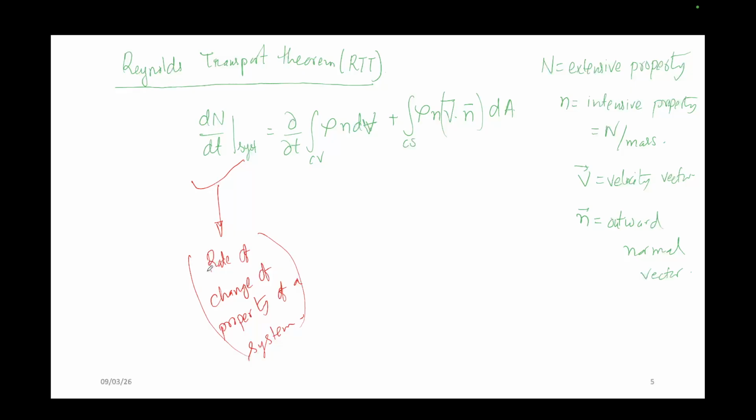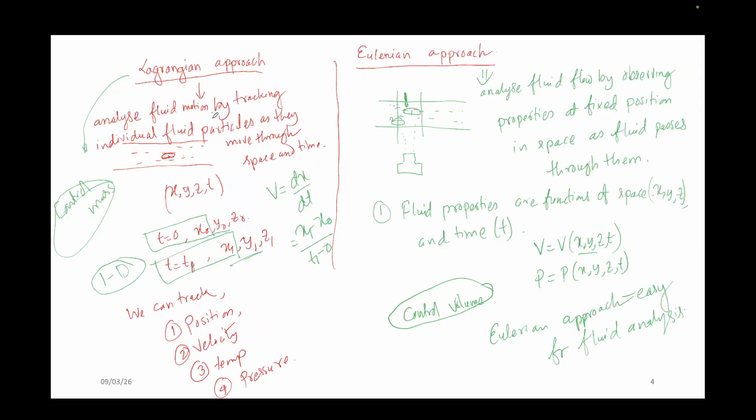Can you tell why it can be an Eulerian approach? If you are saying that the system is fixed, then as we showed in the earlier slide, if you are targeting a fixed thing, then it is a Lagrangian approach.